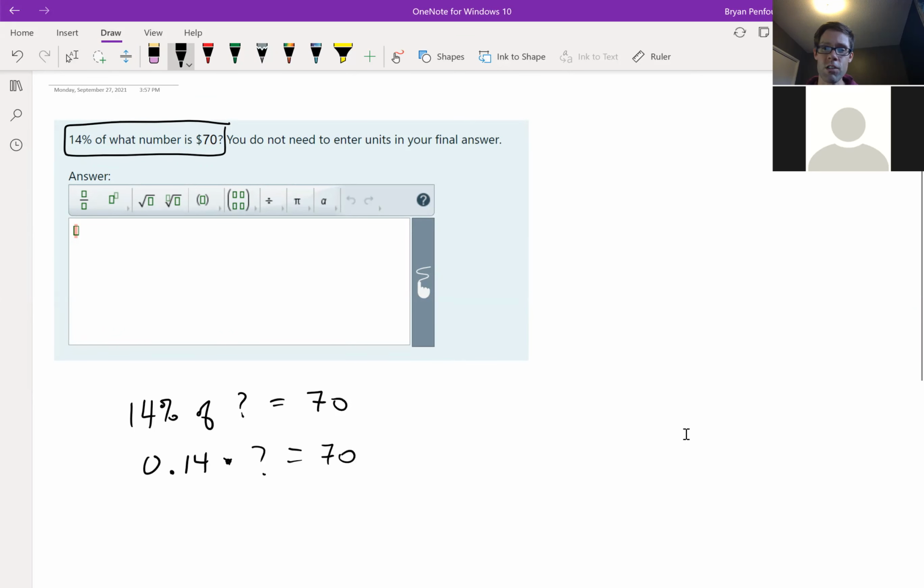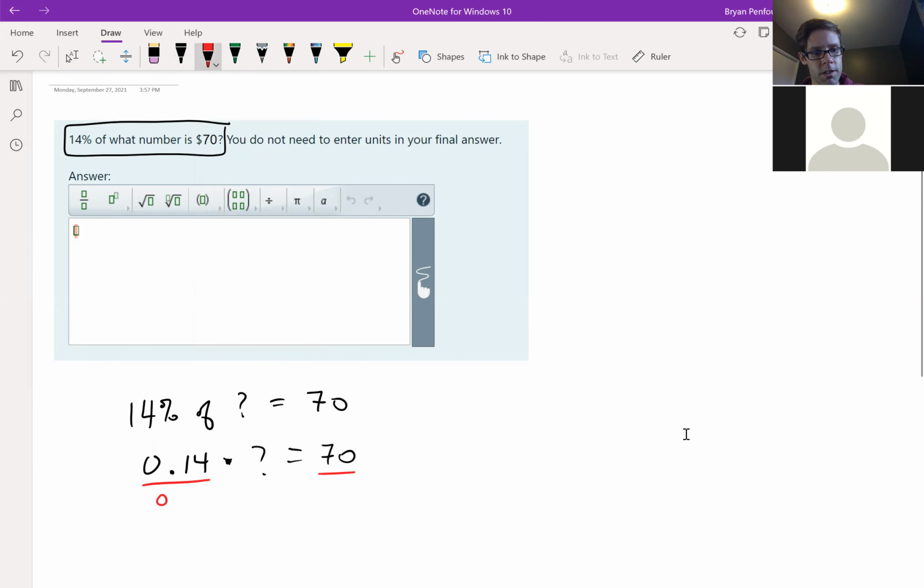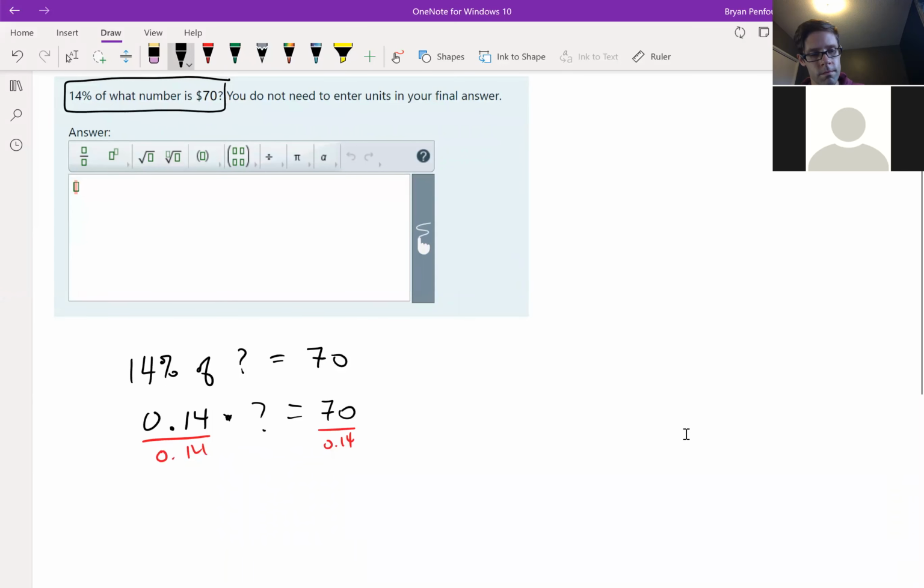And then to solve for this unknown number, this question mark, we would divide both sides by 14%. That's typically how we would tackle something like that. So 70 divided by 0.14 gives us about 500.